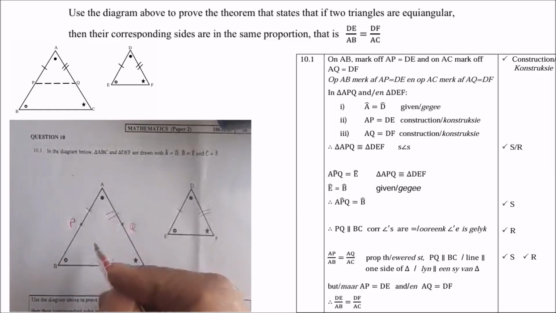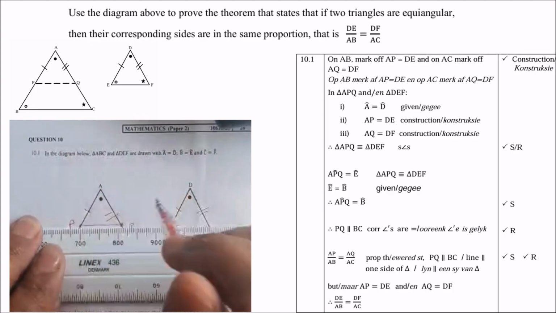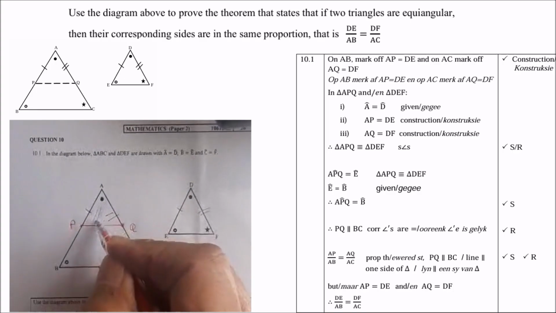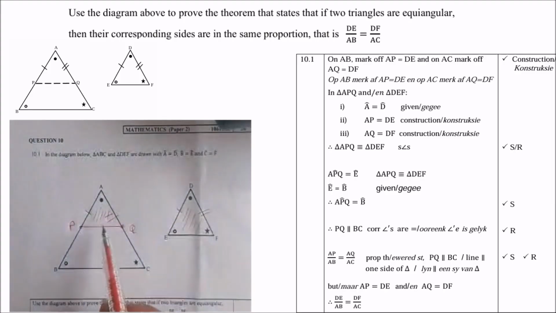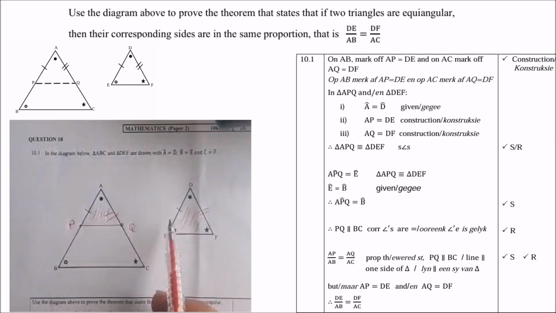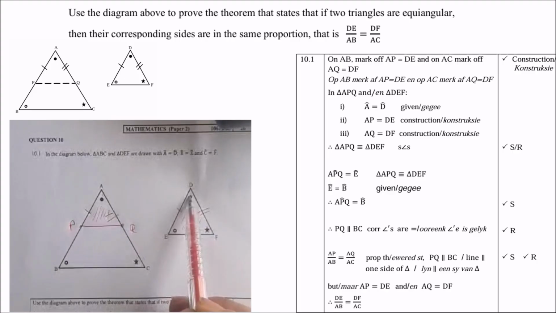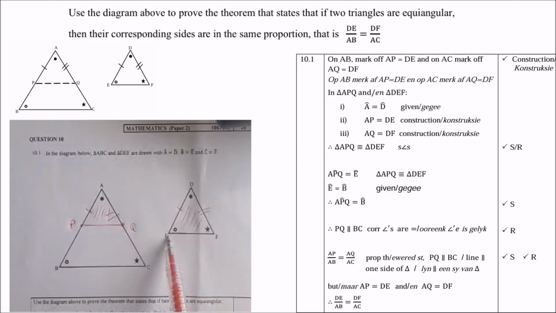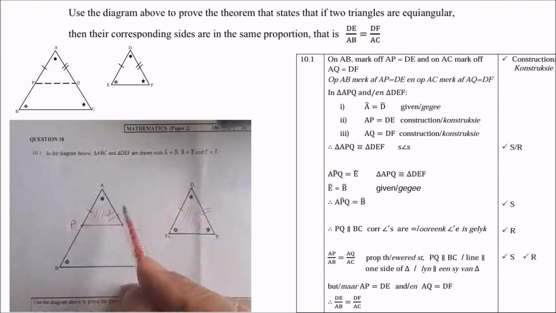In triangle APQ and triangle DEF, we have angle A equals angle D, that is given. We have AP equals DE, that is our construction. And we have AQ equals DF, also construction. Therefore, those two triangles are congruent, because of side, angle, side.